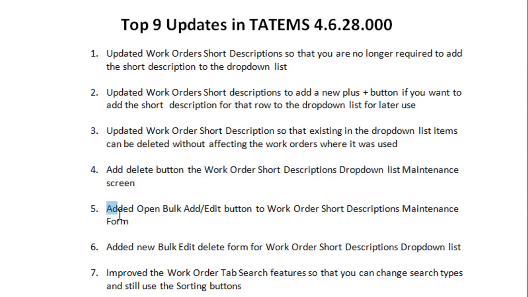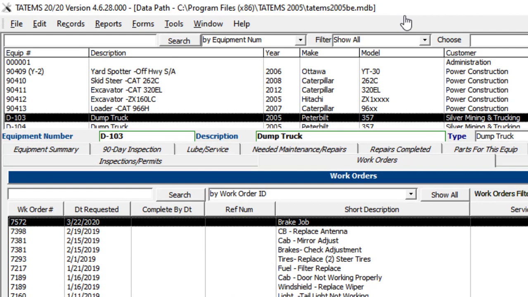We've also added a button there on that short descriptions drop down, besides the delete button, that opens up a new window so you can do bulk add or deleting of work order short descriptions. So let me show you that.